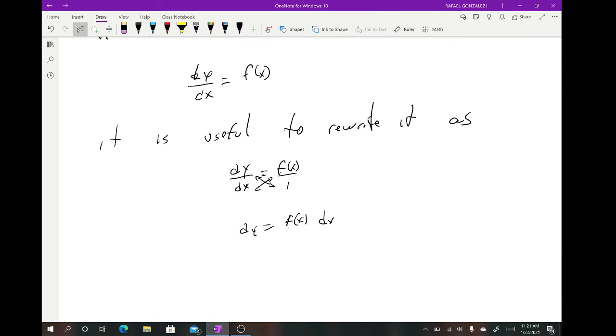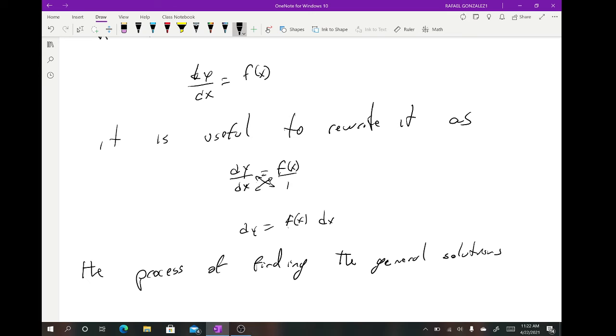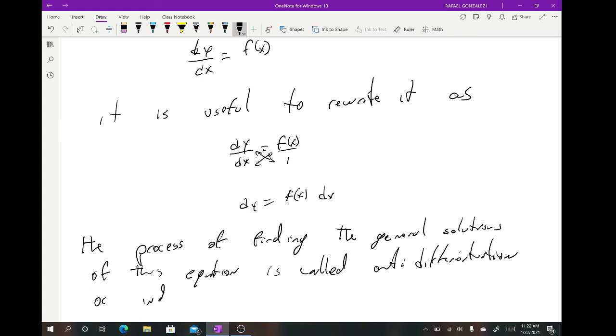Now, the process of actually finding the general solutions of this equation is called anti-differentiation, or a new word that you probably have never heard, indefinite integration.